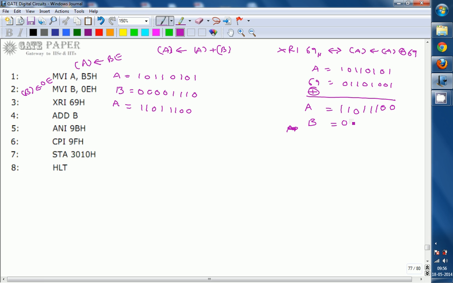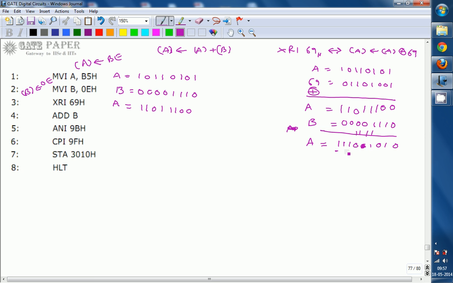So simply add 0000, and E is 1110. If you add these, the result is again stored in the accumulator itself. After addition you will get 1110 1010.